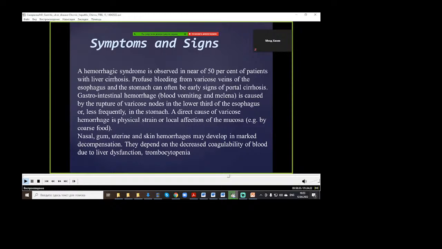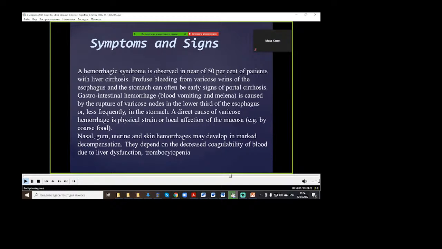Patients may also have nasal, gum, uterine, and skin hemorrhages. They depend on the decreased coagulability of blood due to liver dysfunction and thrombocytopenia. So different types of hemorrhages will be a symptom of hepatic insufficiency syndrome and the syndrome of hypersplenism.